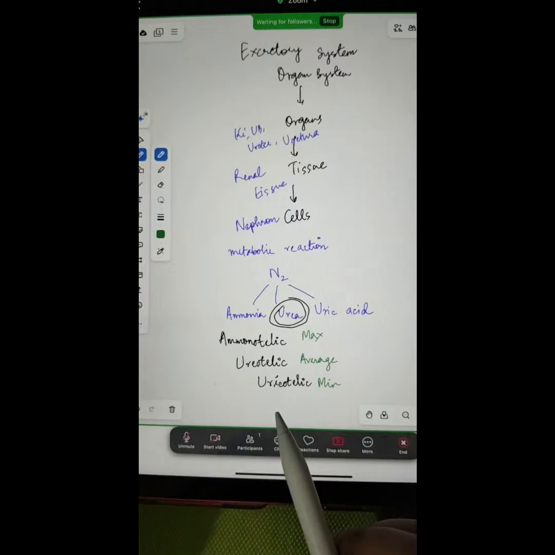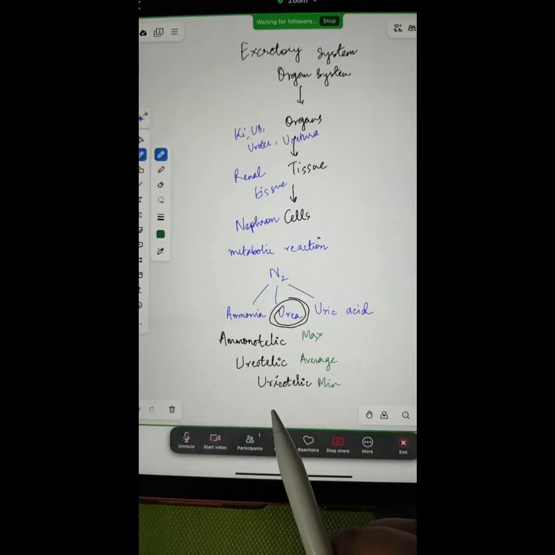As I said, nitrogen is a very important element required for plants and animals because it makes up proteins in our body, right? Nitrogen will make up the proteins, and nitrogen will make up the nucleic acid, and the nucleic acid in our body is DNA, which stands for deoxyribonucleic acid.